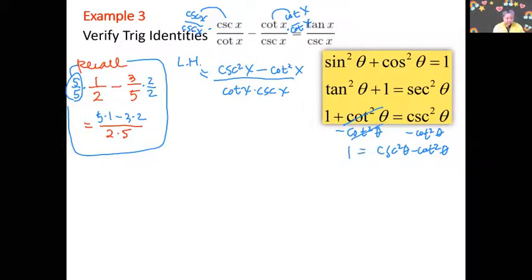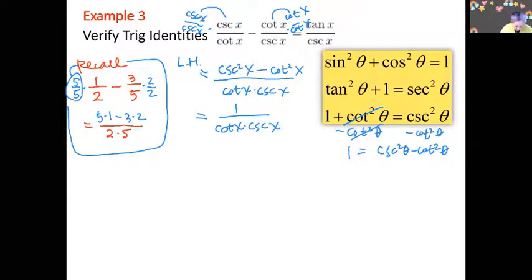So the numerator is nothing but just 1. Now we have 1 over cotangent x times cosecant x there.